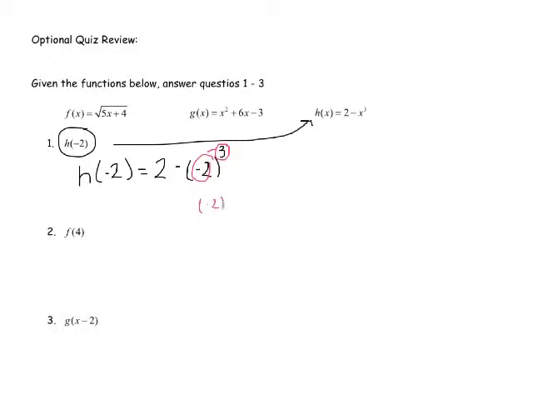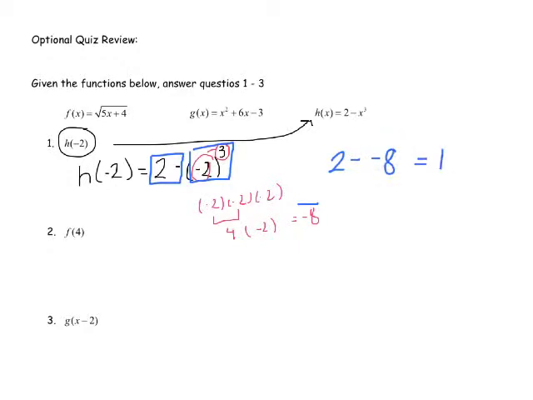It means negative 2 times negative 2 times negative 2, which makes positive 4, and then times another negative 2 makes negative 8. So now I've still got 2 minus, and now this I've got to replace with negative 8, which really makes 2 plus 8, which is 10.